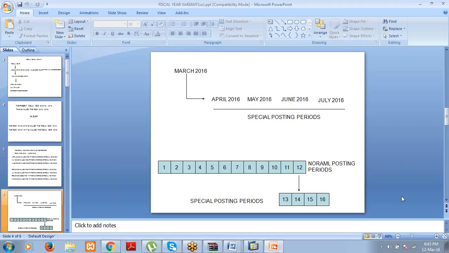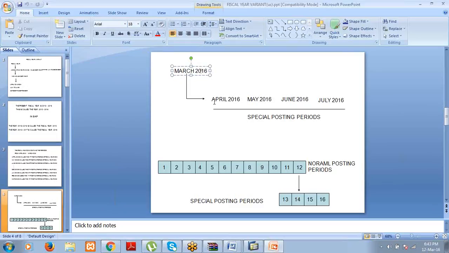But these adjustments cannot be completed in 1 day or 2 days. They need some time. That's why in SAP, after the close of the fiscal year, we have the facility to post adjustments for up to 4 months immediately after the close of the fiscal year.